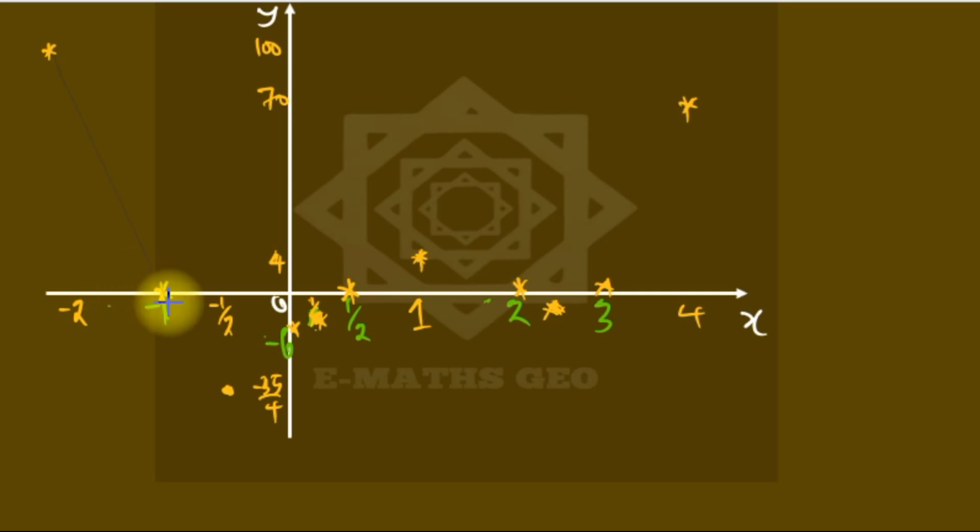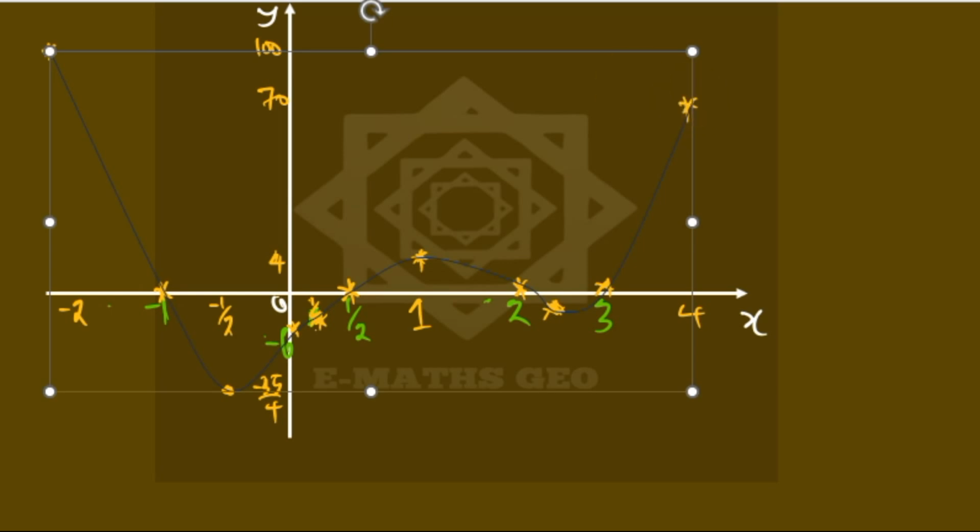So cross it at this point. I'll make it tick later. Goes this way. This way. This way. This way. This way, and finally.